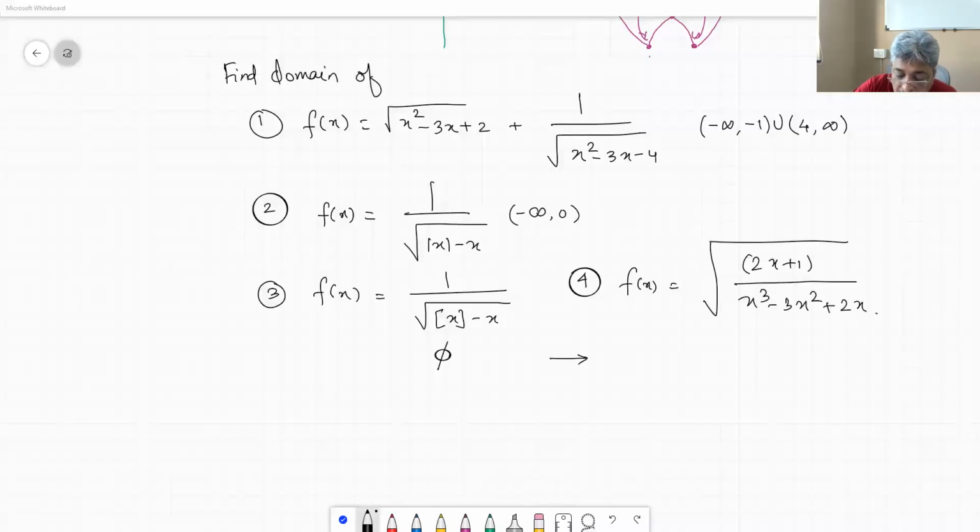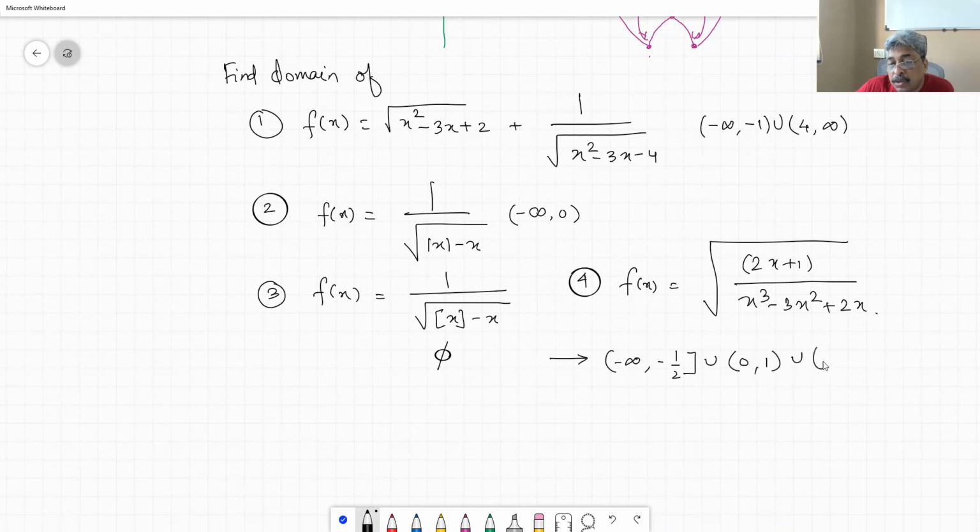So for the fourth, the solution set is minus infinity to minus half, closed, union, 0 to 1, open, union 2 to infinity.